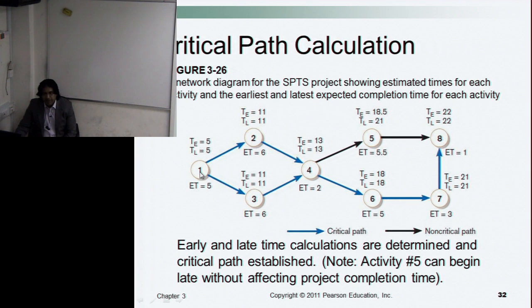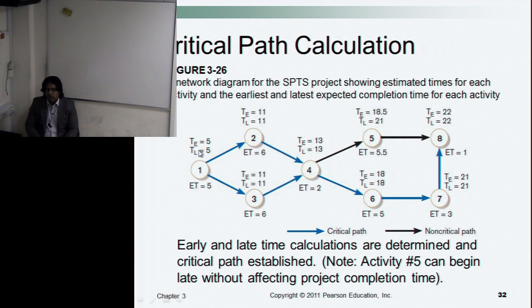For activity 1, or the activity from where we are going to start, earliest possible time is the same as the expected time for that activity. Since the expected time for this activity is 5, so the earliest time is also 5. We will start from the expected time.